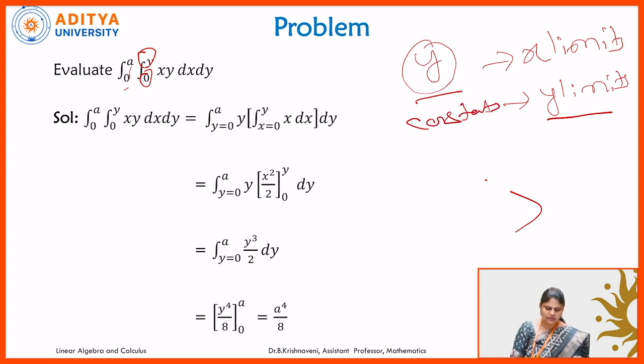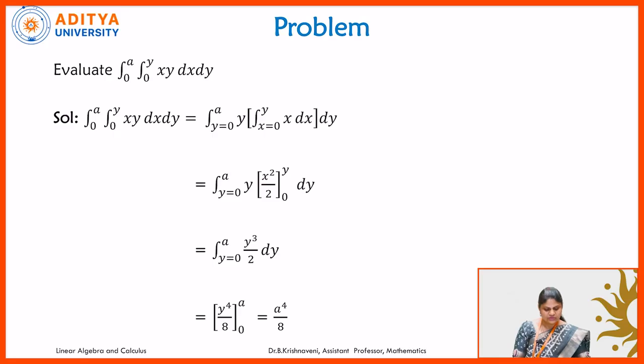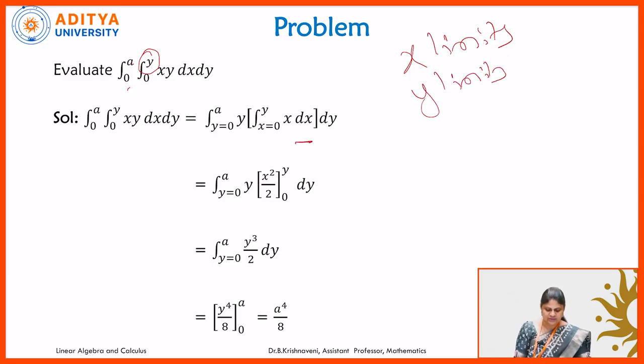So this is the question in which you again have variable limits. Those are x limits, and the other limits are constants, which are y limits. Hence the order must be first with respect to x, then y. In the given question also, they have followed the proper order.